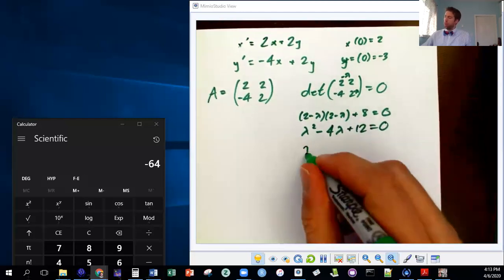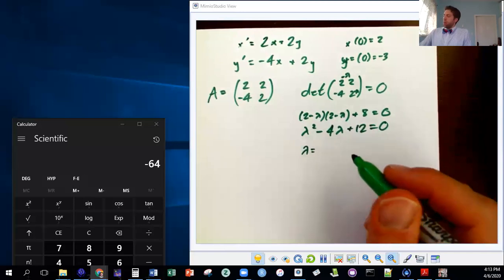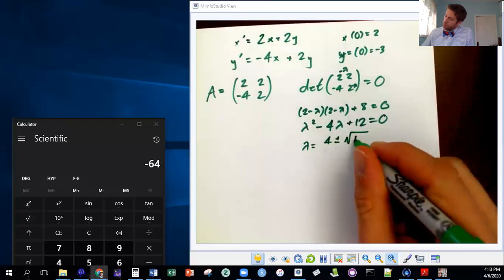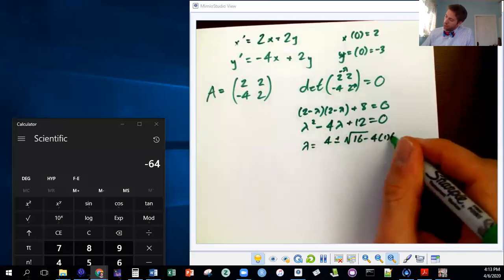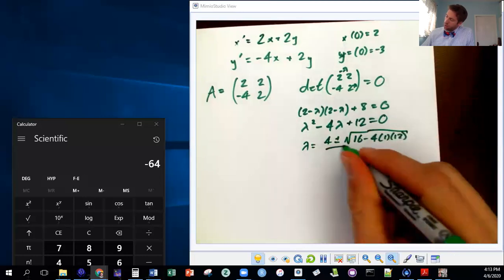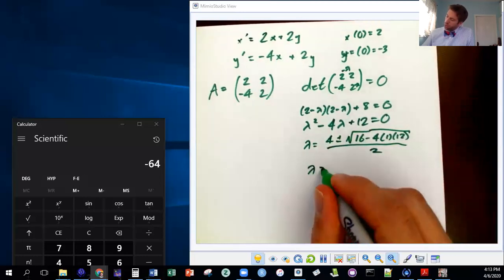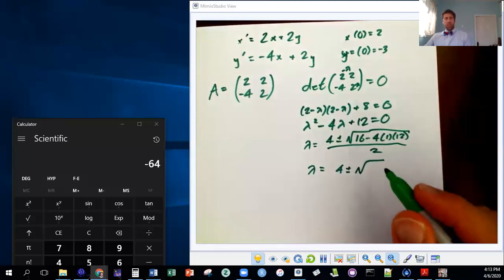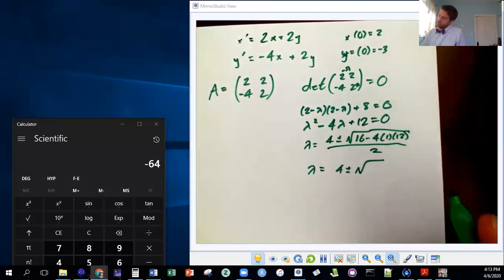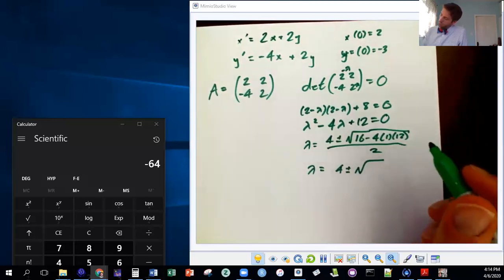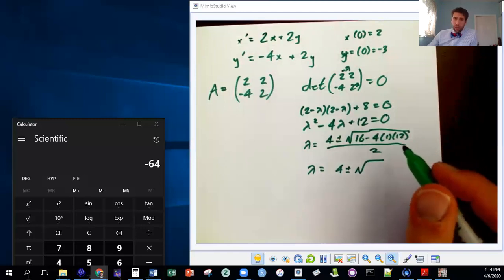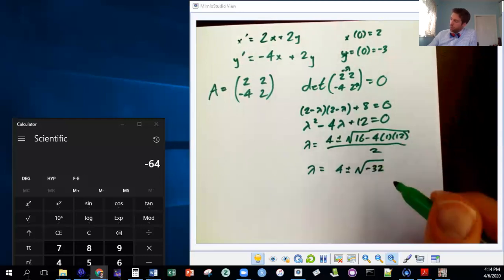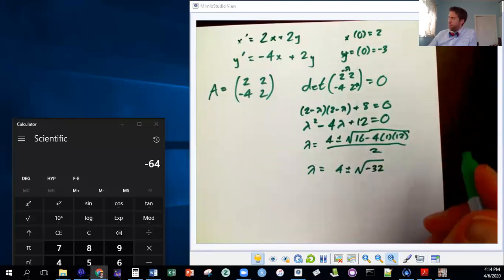Okay, so then lambda equals, let's see, negative b plus or minus the square root of b squared minus 4ac, all over 2a. So lambda equals 4 plus or minus the square root of 16 minus 4 times 12. 16 minus 48 would be negative 32, right?